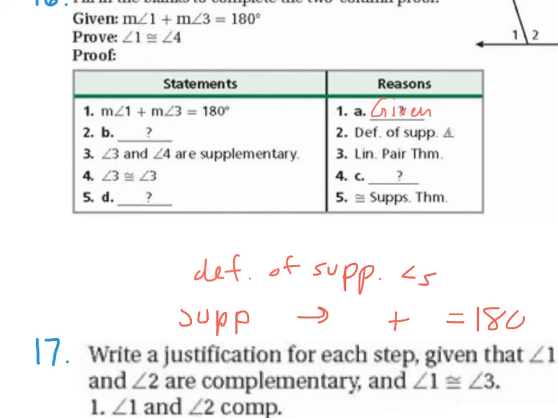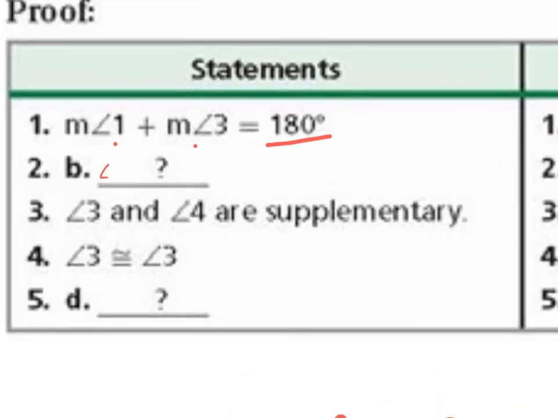We know that definitions are biconditional, so this can go either way. So if we know that two angles add to give 180 degrees, then we know that they are supplementary. So these two angles add to give you 180 degrees, so therefore we know that angle 1 and angle 3 are supplementary.